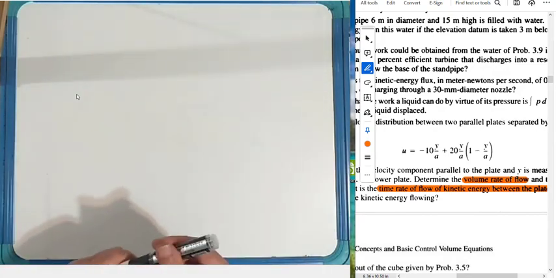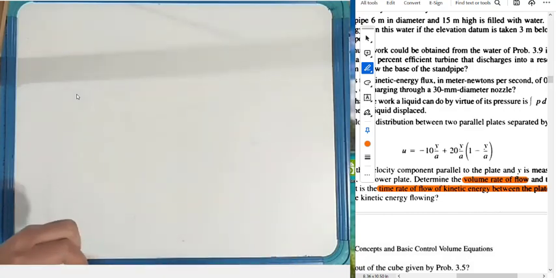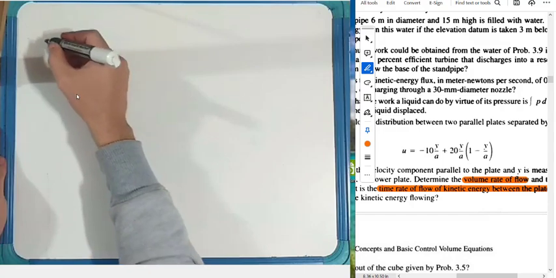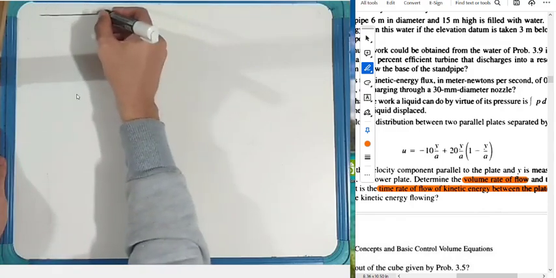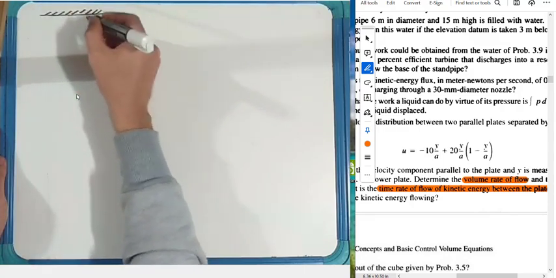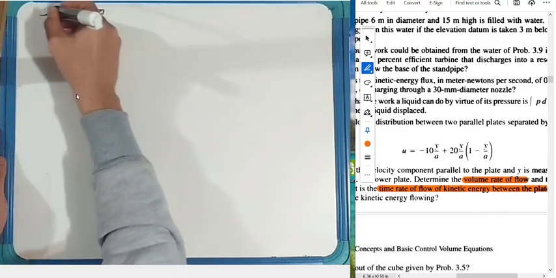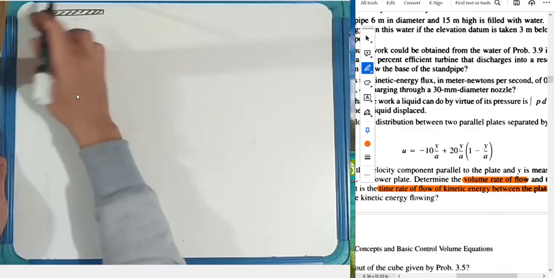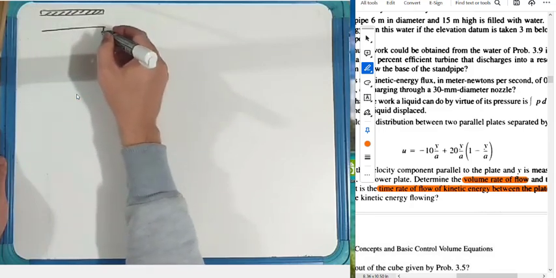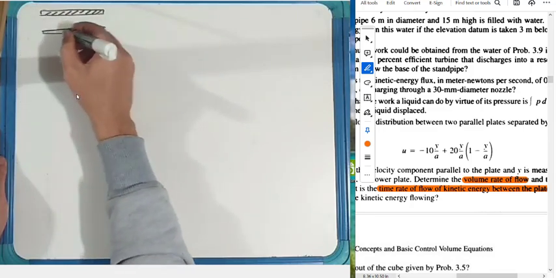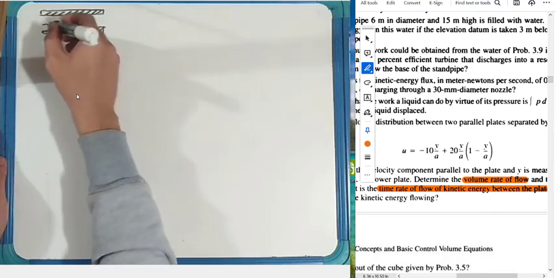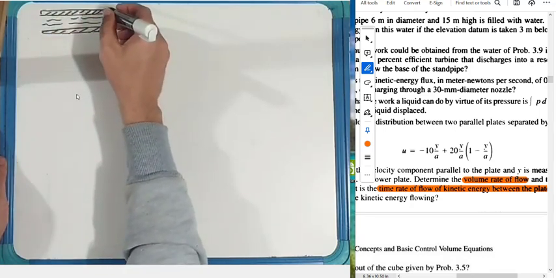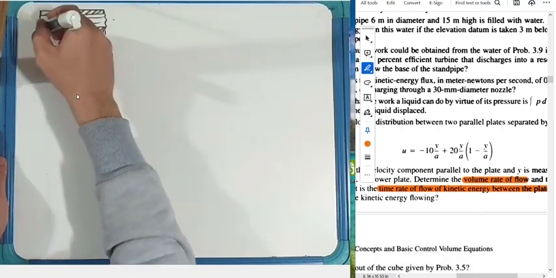Let me draw a picture of that first. A plate, something like that, and a lower plate, something like that. The fluid is between these two plates.